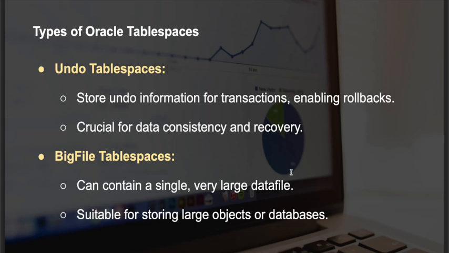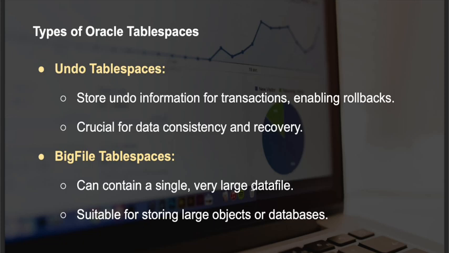For example, if your update or delete impacts millions of rows, then you will need huge data files in the undo tablespace, because its main purpose is to store the data until it is committed. After that it will overwrite. So it is very crucial for data consistency and recovery.